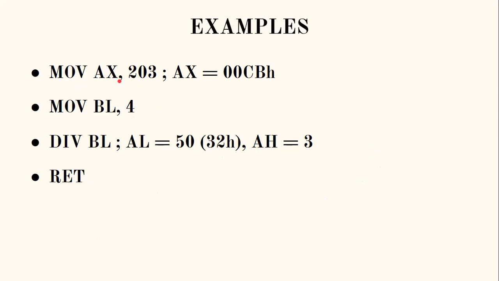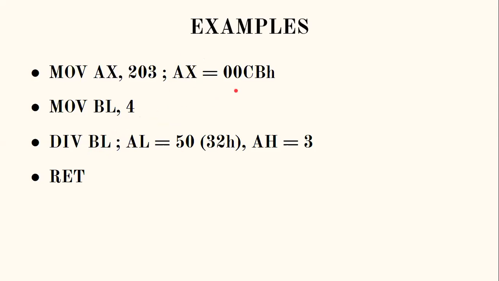Here, a 16-bit number, that is the dividend, which is 203 in decimal and 00CB in hexadecimal, is first of all stored in AX. And the divisor, which is 4 in decimal, is copied to the register BL. Now, it is simply written as div BL. It has taken the dividend from the AX register and the divisor from the BL register.